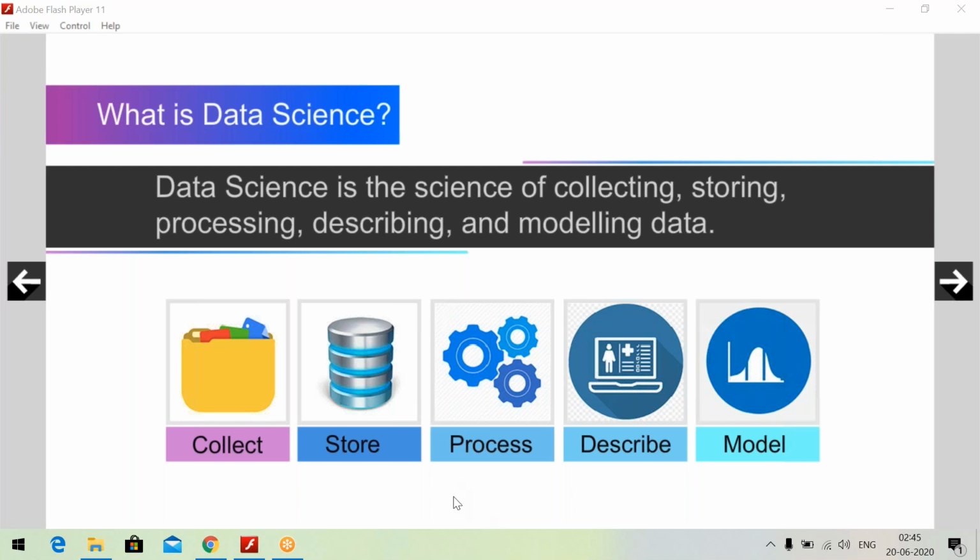Before you do the processing, describing, and model, you should do one more step known as data pre-processing. If the data are in a very nice format, then you need not pre-process, you can straight away go ahead. Now what exactly is pre-processing? In many data science interviews, they ask questions on data pre-processing.